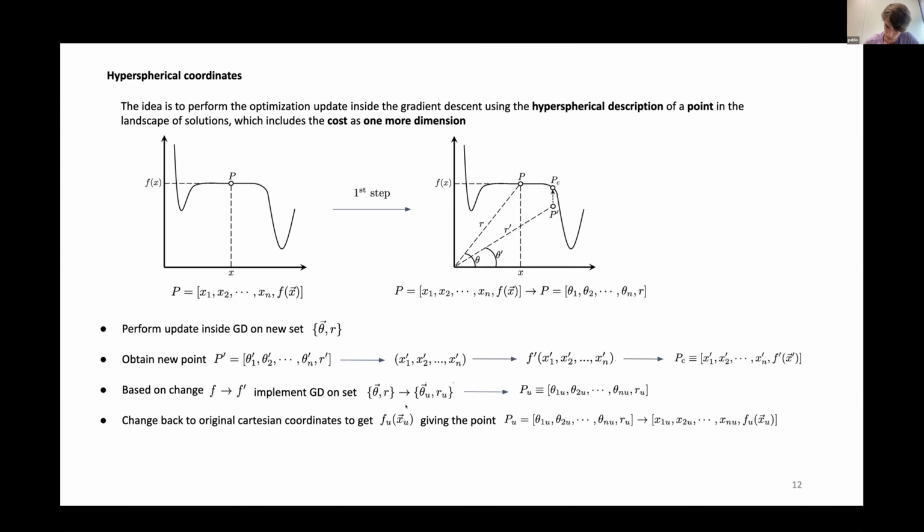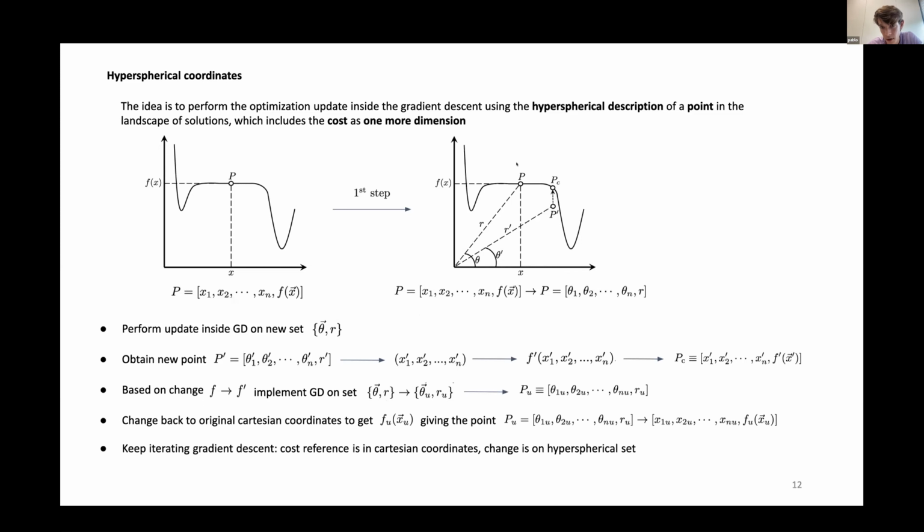Because you always have to have the reference in the Cartesian coordinates, since that is the description where you know how the cost function looks, and perform the changes in the hyperspherical coordinates. This is an iterative procedure you perform over and over.